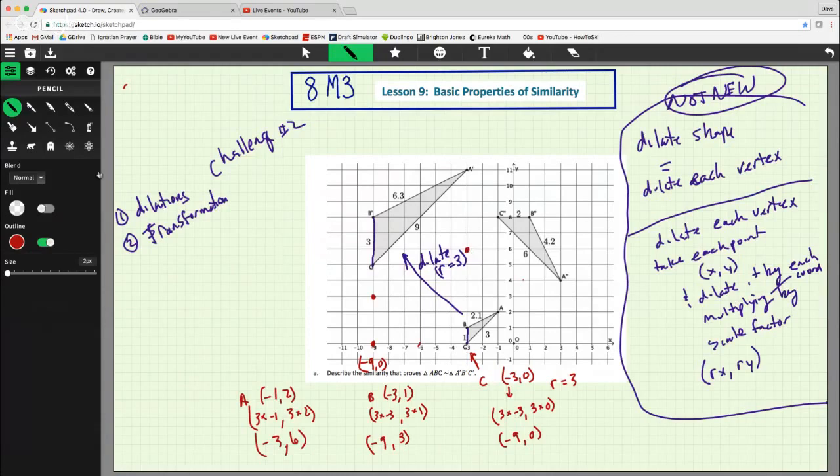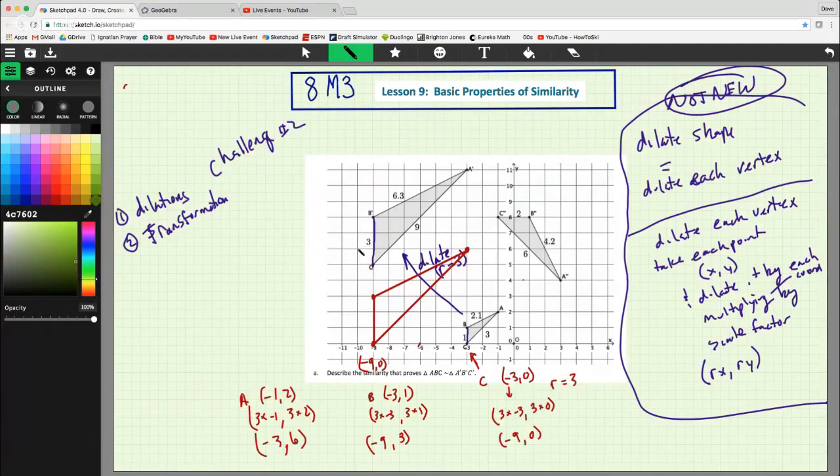So let's see what happens with our triangle. It looks to me like we have a triangle that is 3 times bigger, and that's using our cool formula. This is something that we learned earlier. And notice now that we have our two shapes that are indeed the same size.